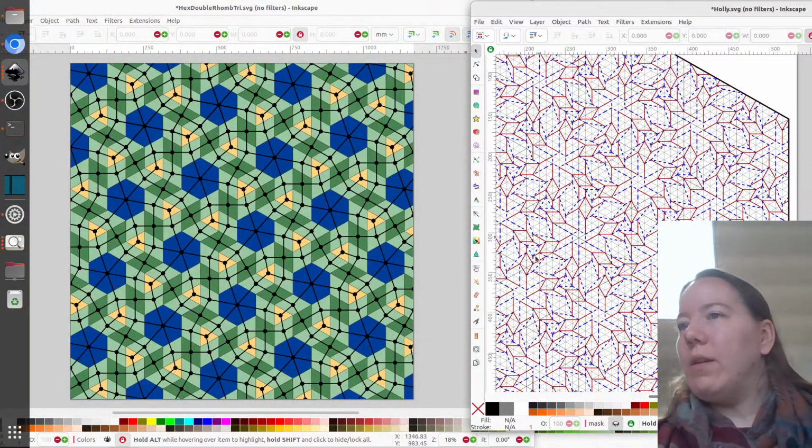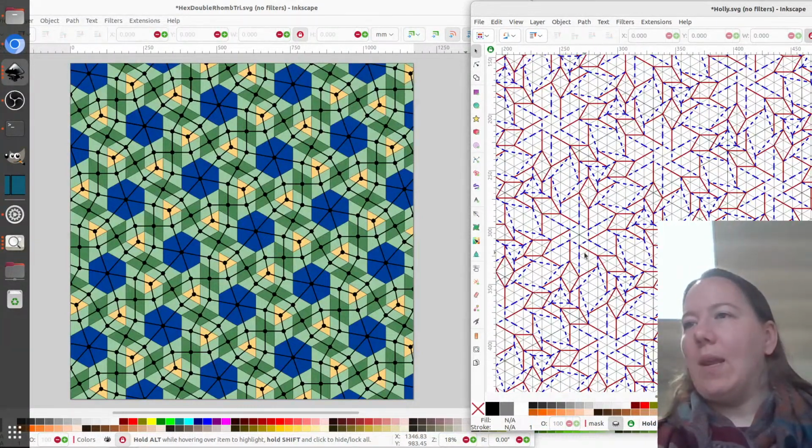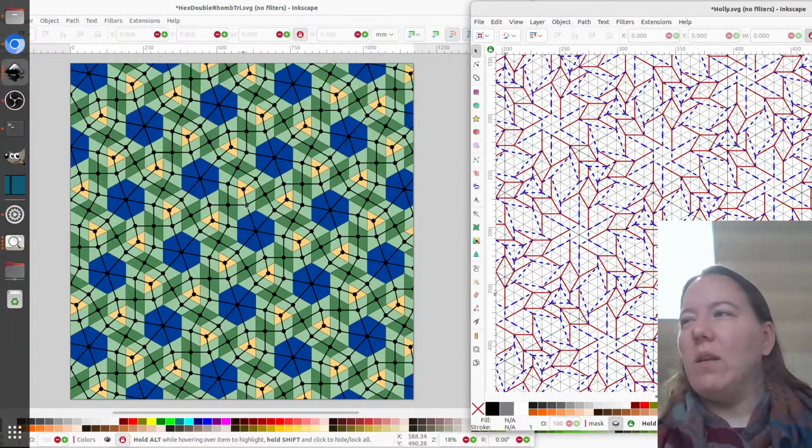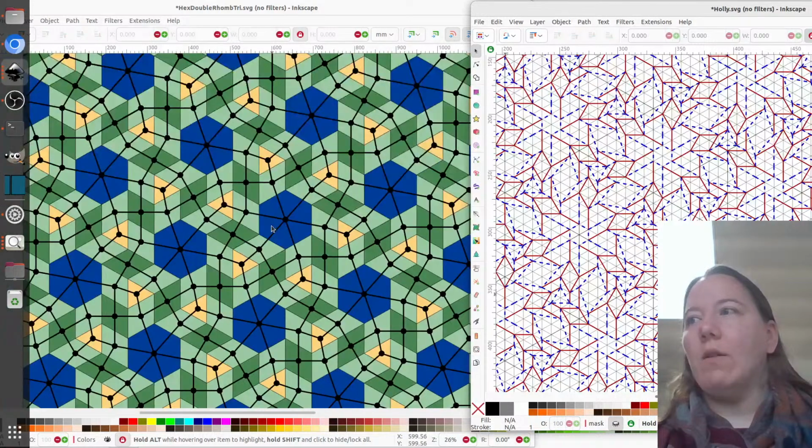So we've got this crease pattern for Holly, and what I want to emphasize is that the tiling does not strictly overlay on the crease pattern.